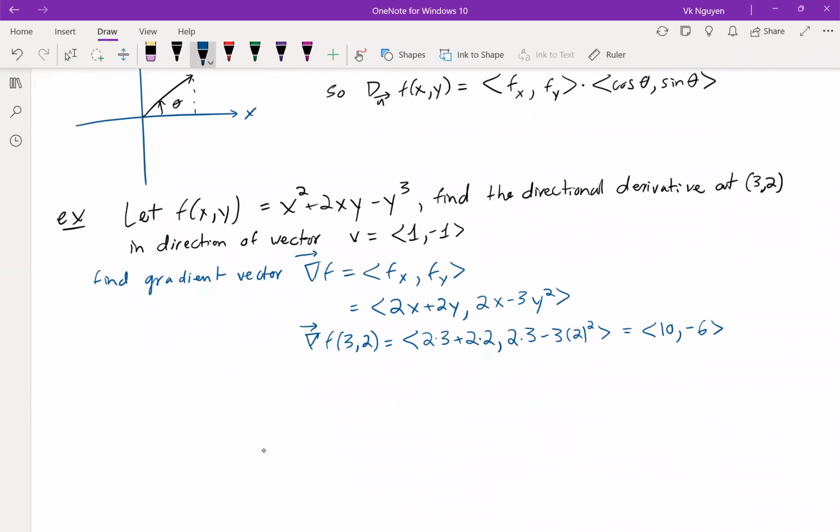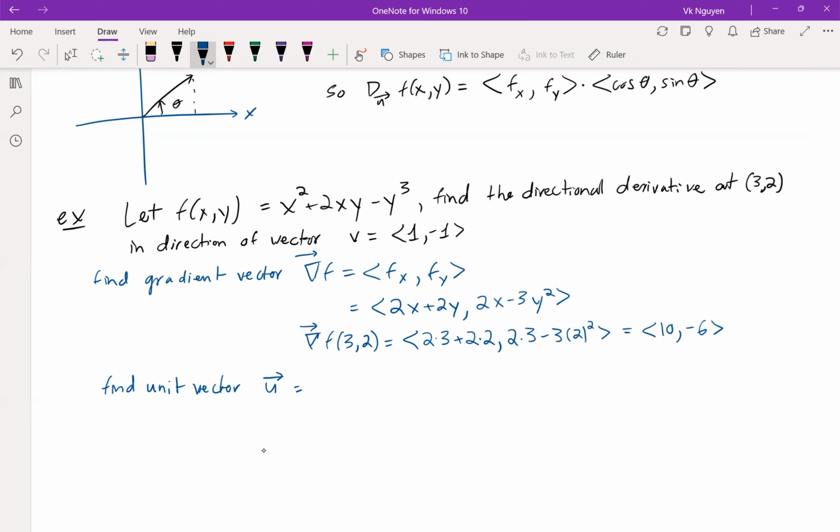Find the unit vector u. Well, we know the unit vector u is going to be the vector v divided by the magnitude of the vector v.